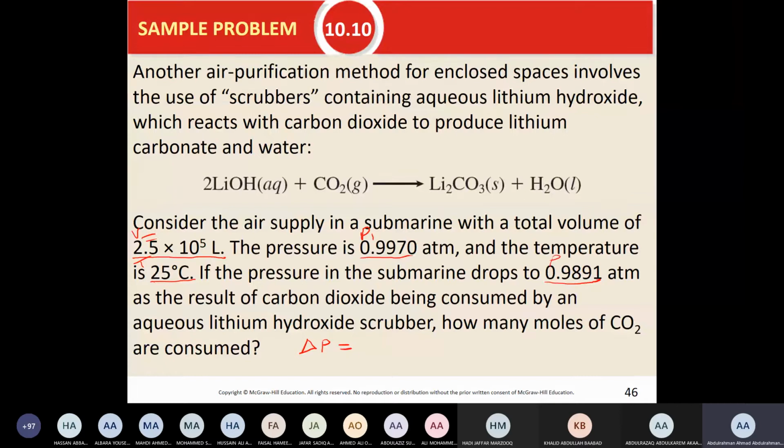What's delta P? 0.9970 minus 0.9891. Give me an answer. 7.9 times 10 to the power minus 3 atmosphere. What's delta n?